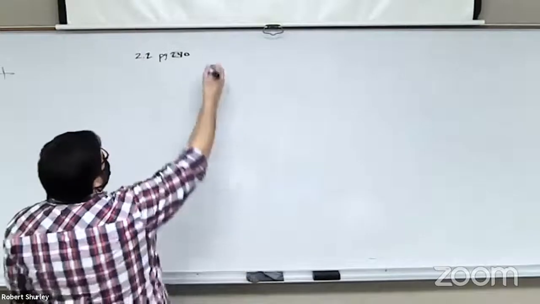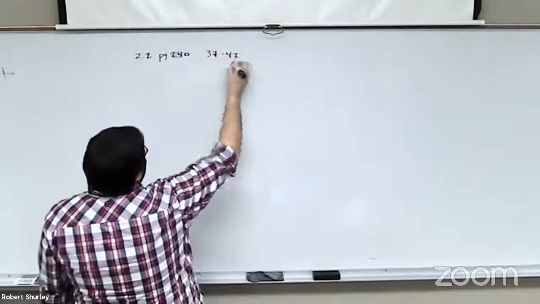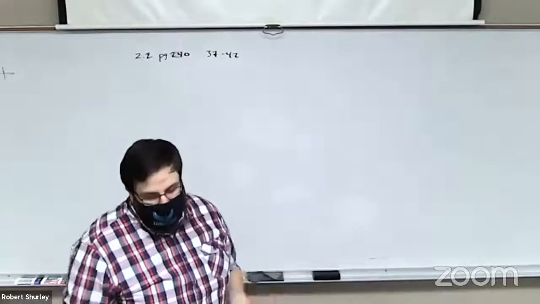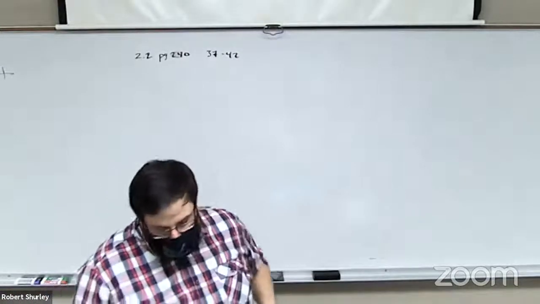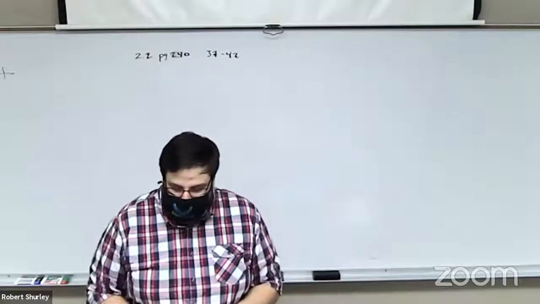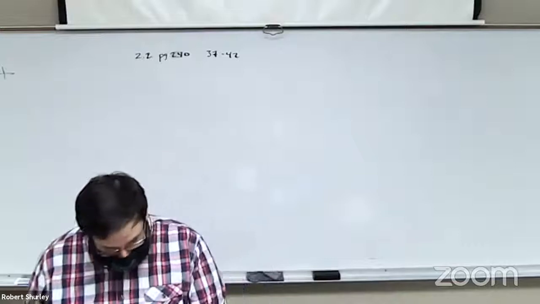Numbers 37 through 42. And if you want to do the odd, that's fine. Each one of those has an ABC component. So if you want to do odd, that's fine. But those are the piecewise functions, and that's how they'll look on the test. Okay.